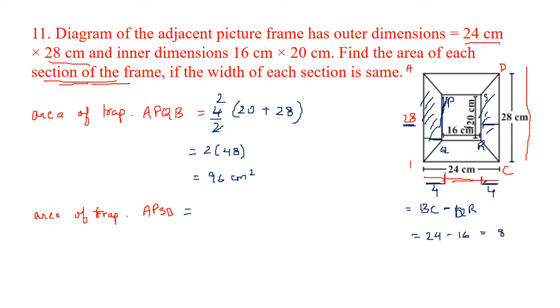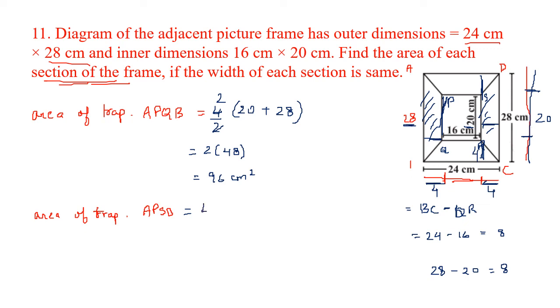In the same way, to find the altitude, I will take DC and subtract the middle SR, that is 20. So I get 28 minus 20, that is also equal to 8, which is cut into two parts, this part and this part. So each one is 4 and 4.